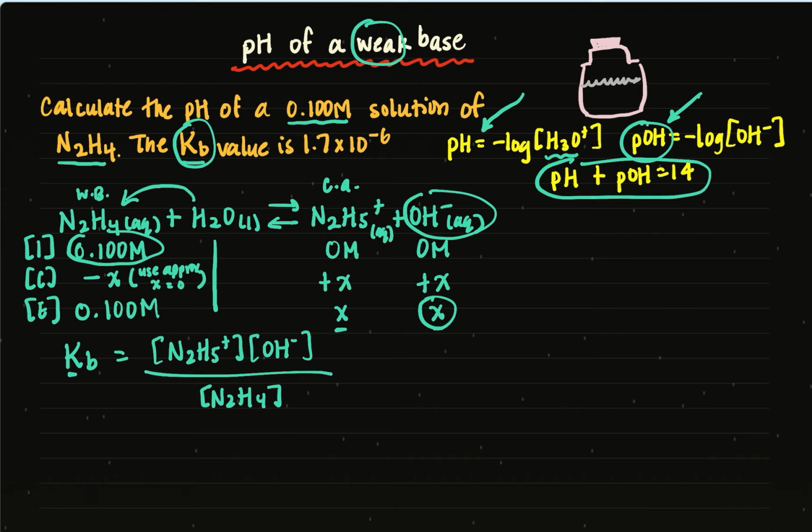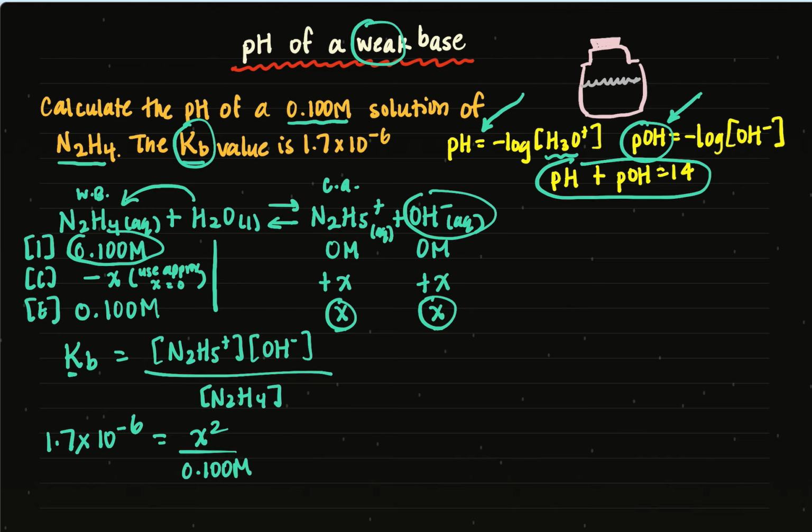So Kb is given to me in the question. It's 1.7 times 10 to the negative 6. So that's a small number. That means you're going to have mostly reactant at equilibrium. Now, my N2H5 plus and my OH minus, they're both x, okay, at equilibrium. So my numerator will become x squared. And the denominator, my reactant, it'll just be 0.100 M. Remember, I'm using my approximation rule to simplify my math.